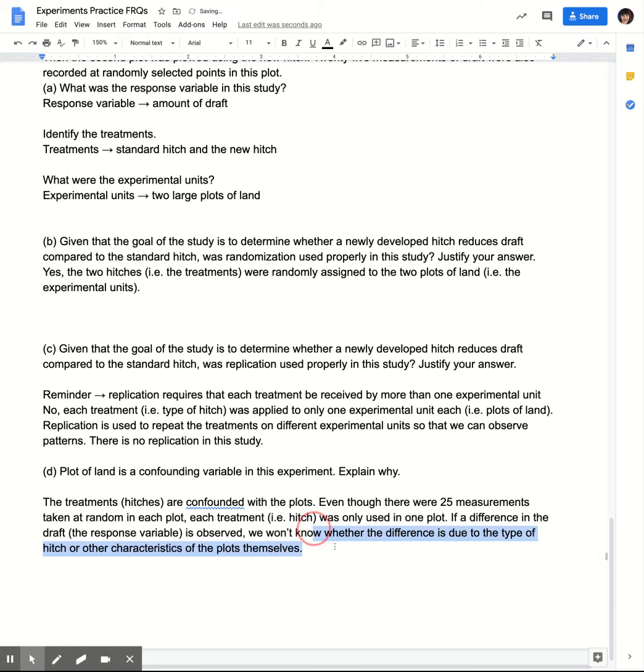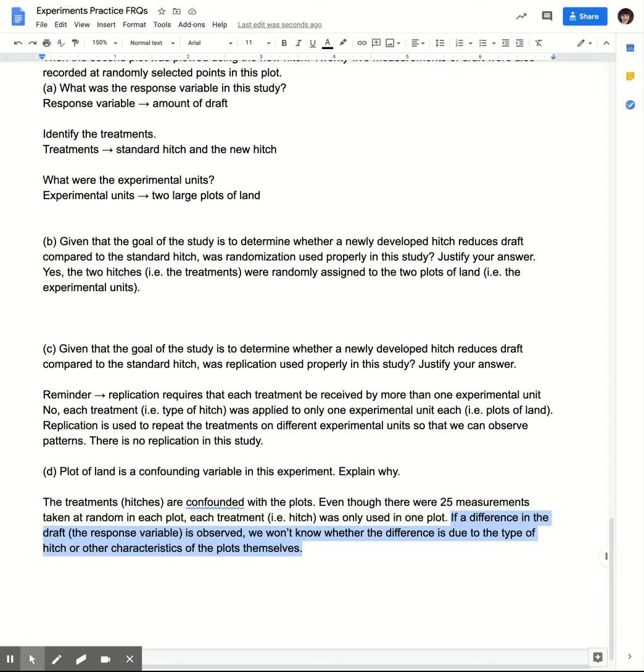So this sentence right here is the key. This is the actual explanation as to why the plot of land is a confounding variable in this experiment. Okay, and that explanation is essentially the definition of a confounding variable. A lot of the times in statistics questions, when they ask you to explain something, they want you to take the definition of what they're talking about, which in this case is a confounding variable, and use it in the context of this study, or the experiment that they're talking about.